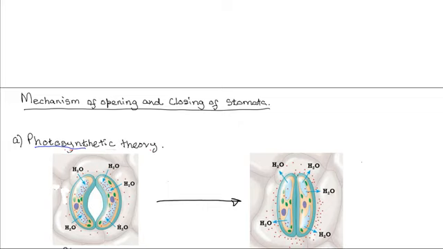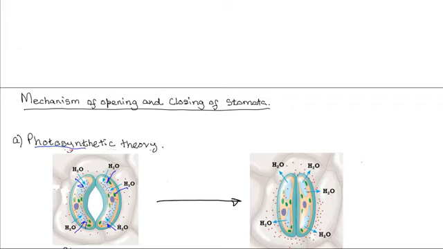The formation of sugar through photosynthesis during the day raises the osmotic pressure in the guard cells. As a result, water is drawn from the surrounding epidermal cells by osmosis. The guard cells become turgid and bulge outward, making the stomata open.